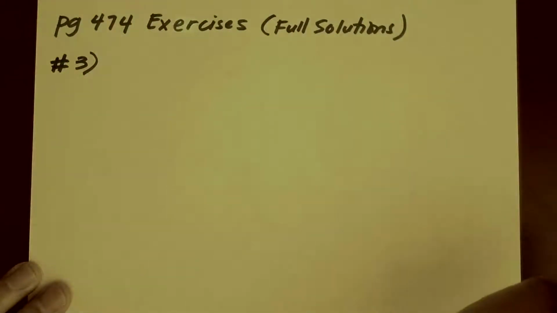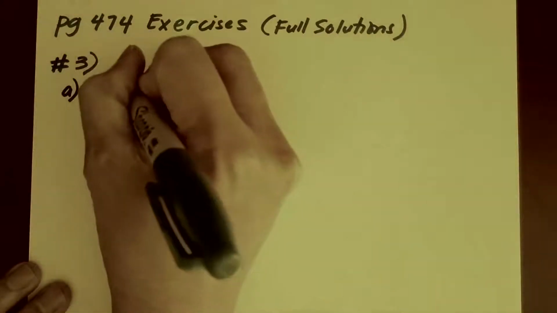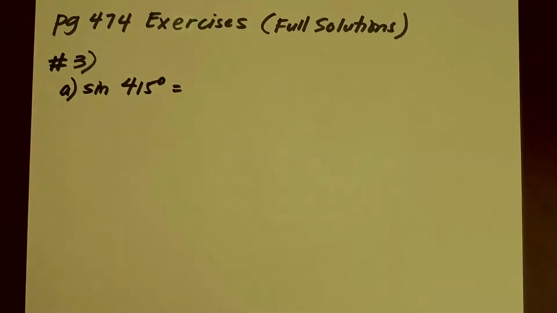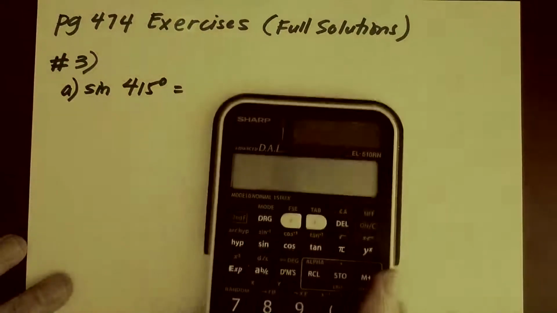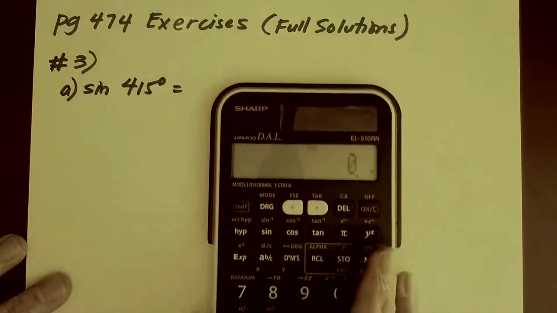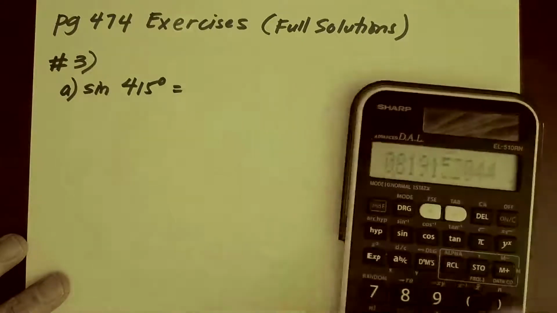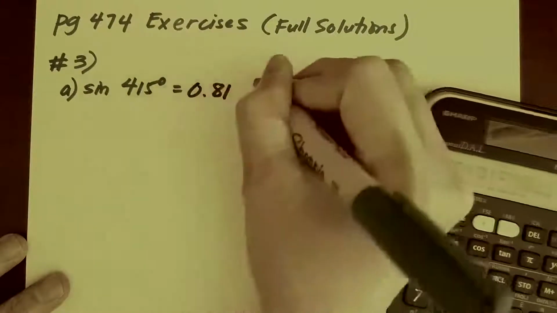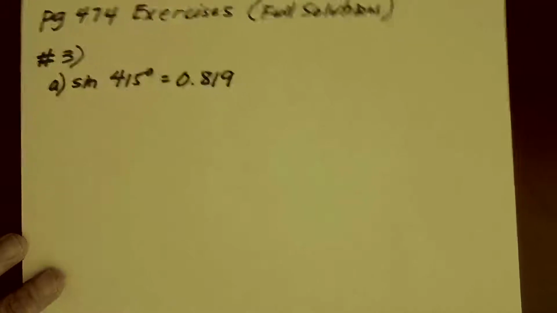So A is sine of 415 degrees. Type it into your calculator, and make sure your calculator is in degree mode. Sine of 415 degrees, we're going to get 0.819, because they asked for the nearest thousandth.